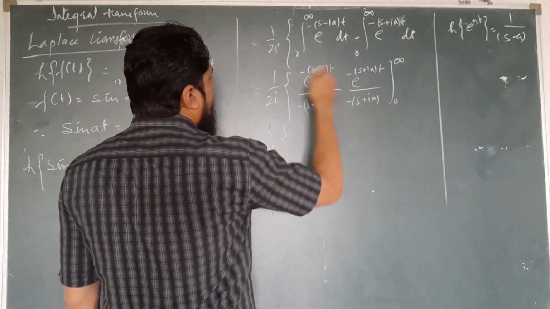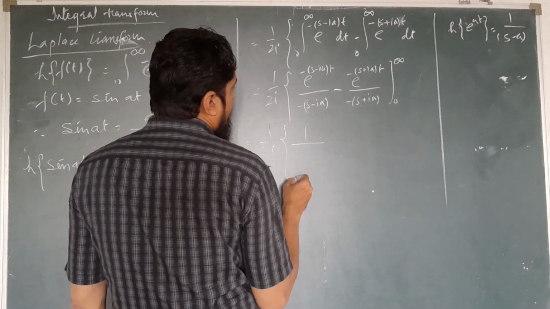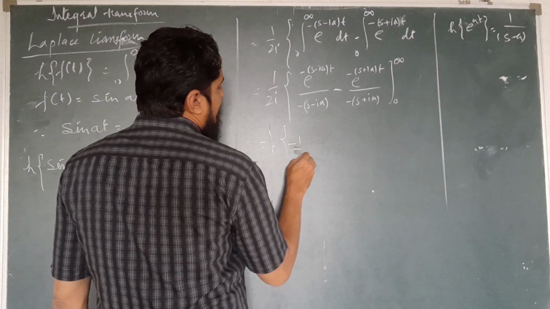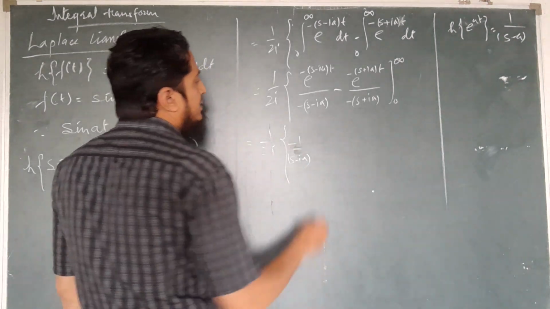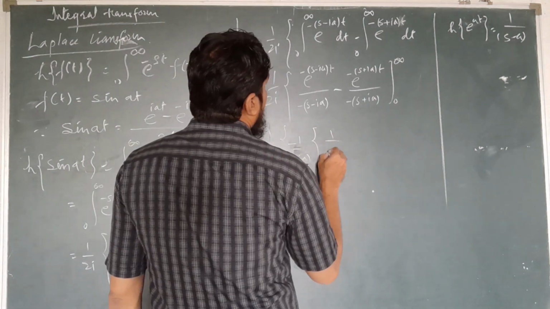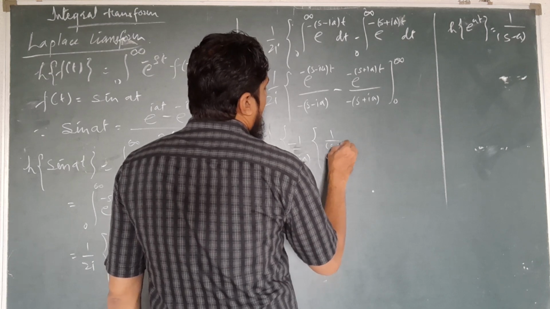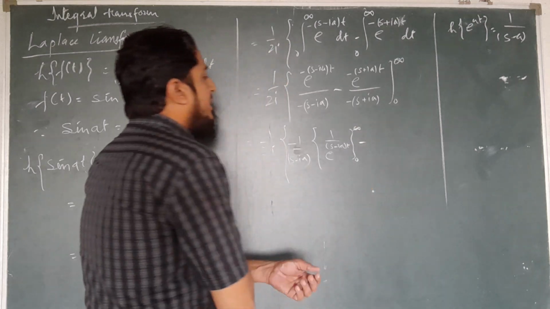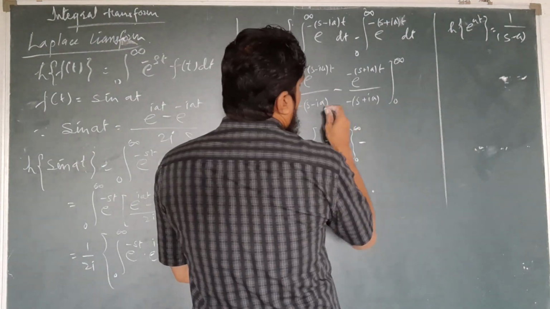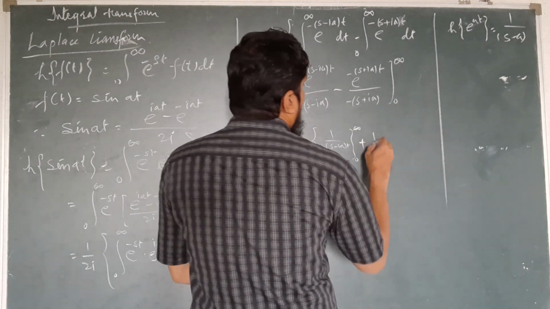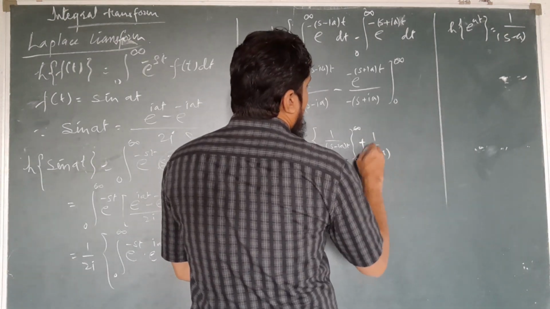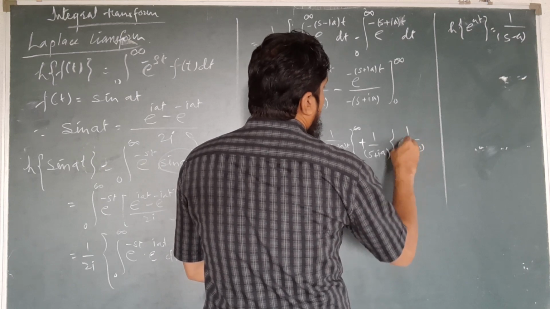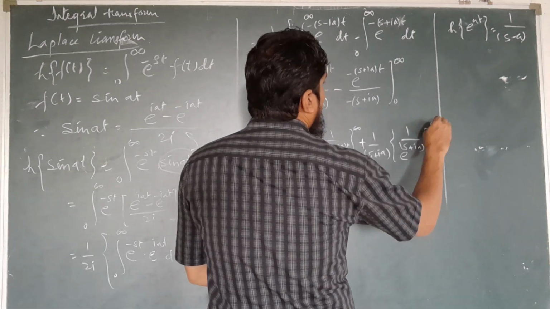So from this, putting the values, let's take minus 1 upon s minus ia outside, then 1 upon e raised to (s minus ia)t, with limits 0 to infinity, minus, again taking minus outside, becomes plus 1 upon s plus ia, and we will get 1 upon e raised to (s plus ia)t from 0 to infinity.